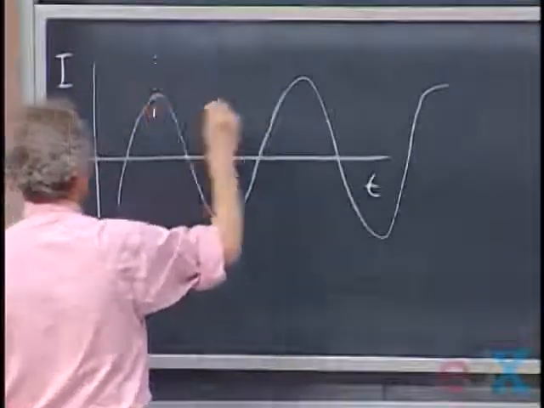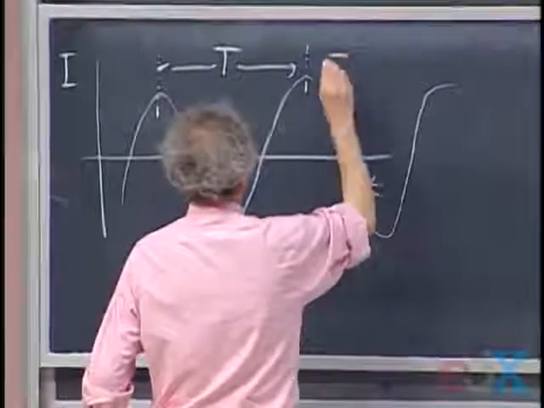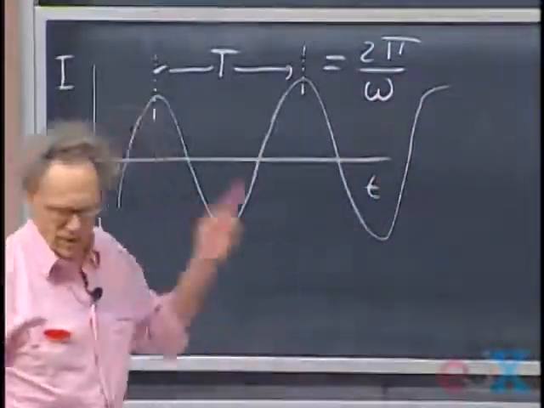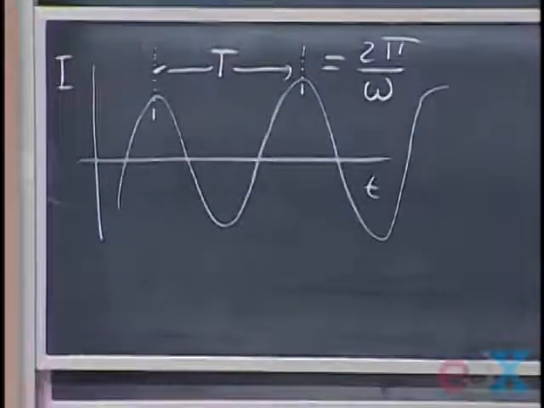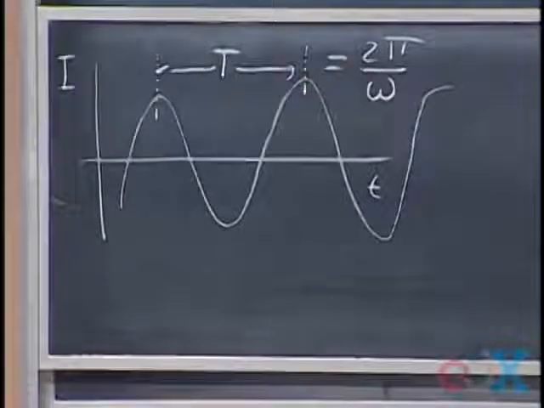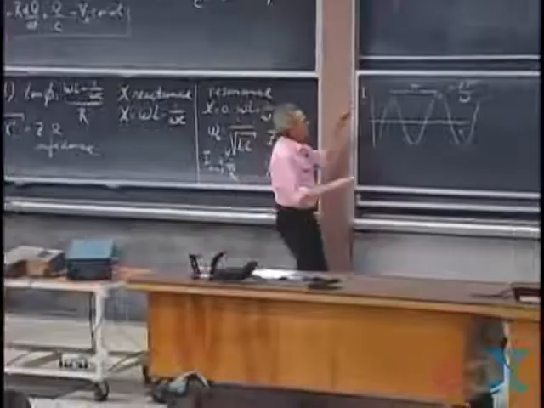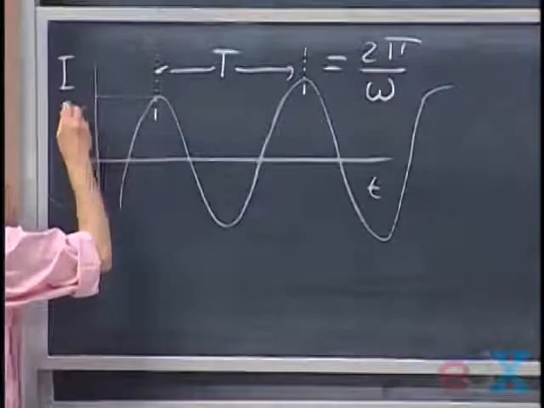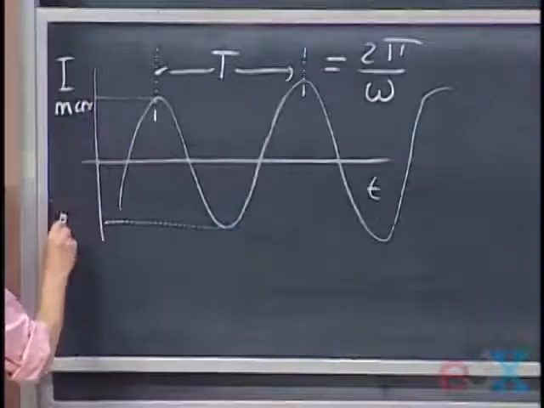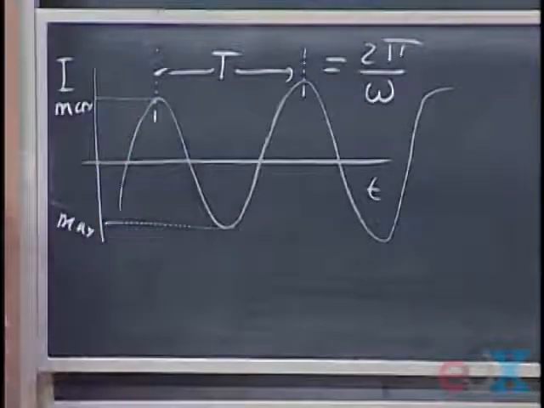And this period T equals 2 pi divided by omega. So that is directly connected to your driving frequency. And if the impedance Z is very low, then this maximum value of the current, and of course the maximum value is also here, except that the cosine is -1 here and the cosine is +1 here.